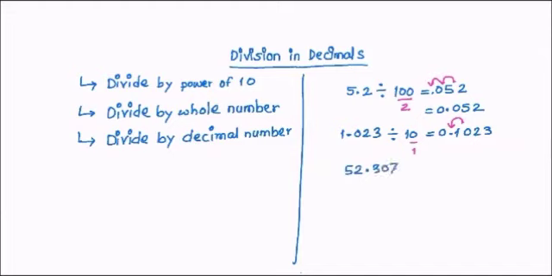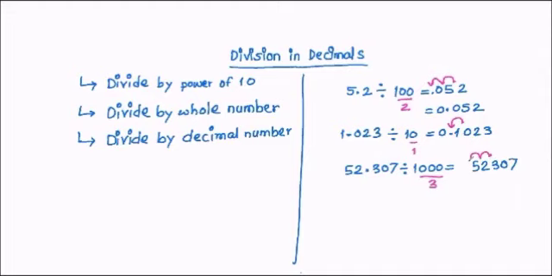Let's take one more example. 52.307 divided by 1000. So what is our first step? First step is to write the dividend as it is without the decimal point. So that becomes 52307. Now take the decimal point for your reference. Count the number of zeros in divisor. Here we have 3 zeros. So now the reference decimal point will move 3 places to the left. 1, 2.